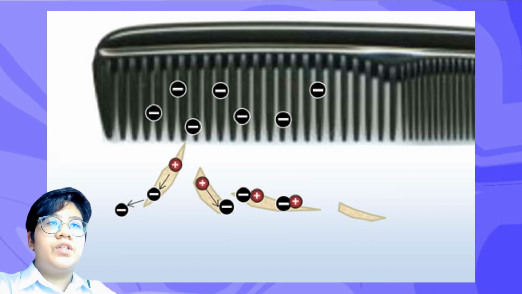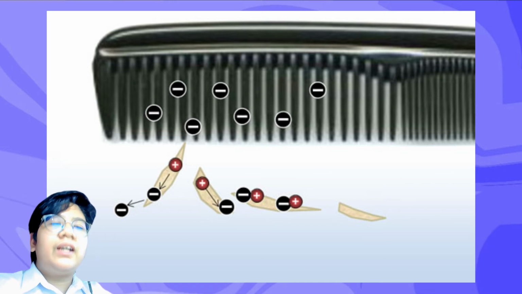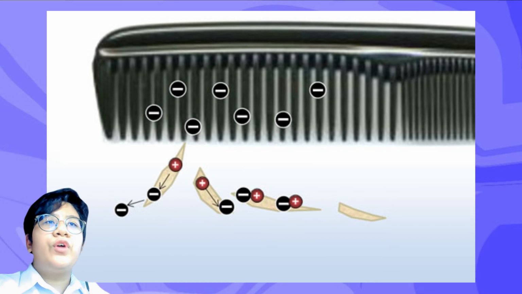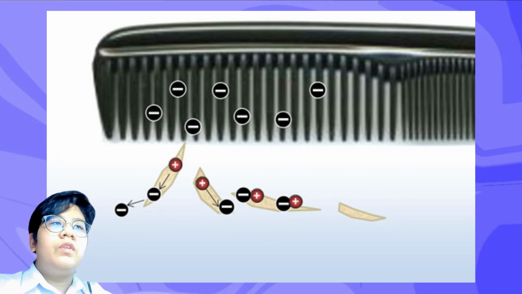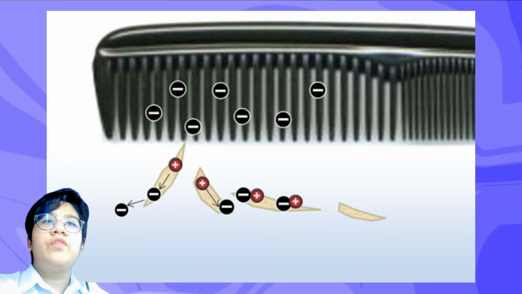Since the negative charges of the paper are farther, they experience less force, which in this case is repulsion. Meanwhile, the positive charges of the paper are closer to the negative charges of the comb, making them experience more force of attraction and be attracted to the comb.